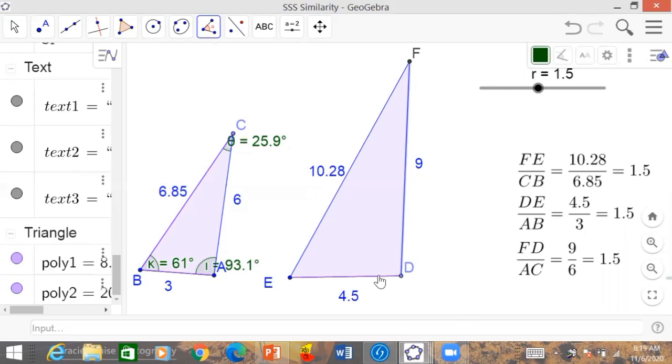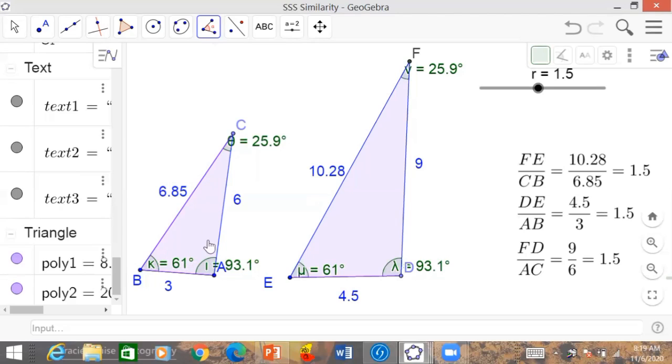Now angle D is 93.1, angle E 61, angle F 25.9. Yes, all the corresponding angles are equal.